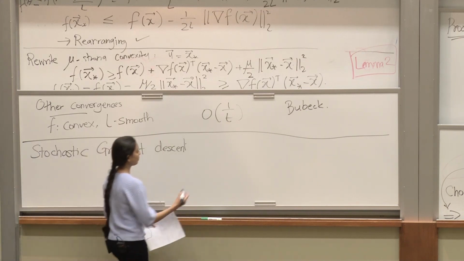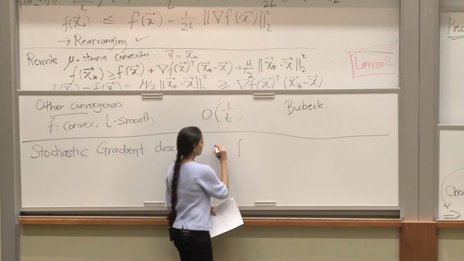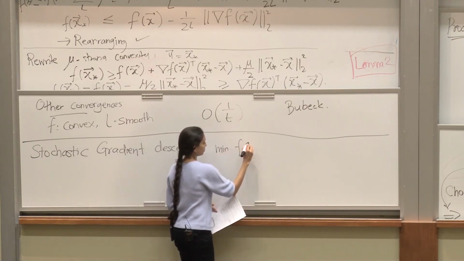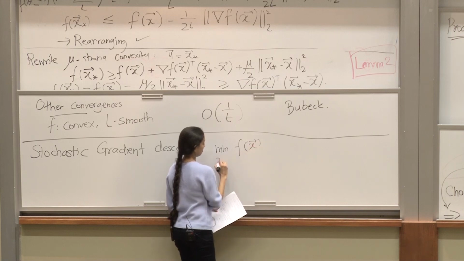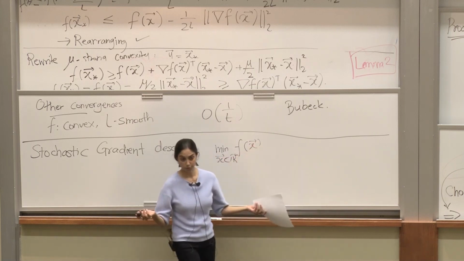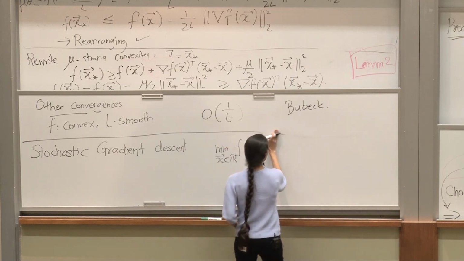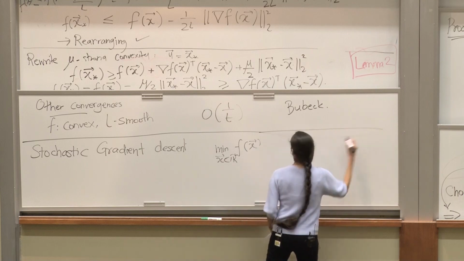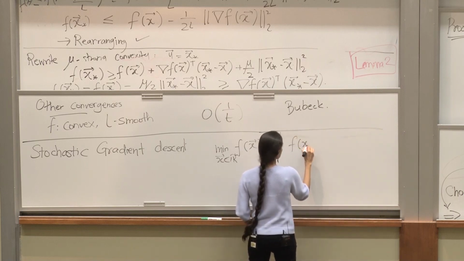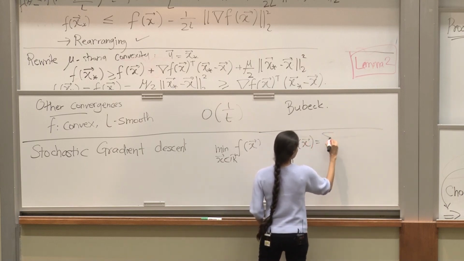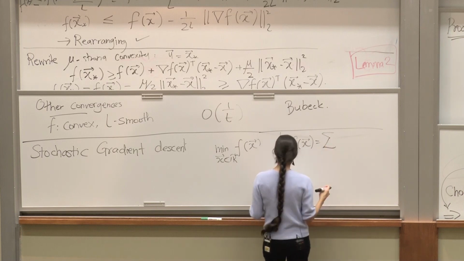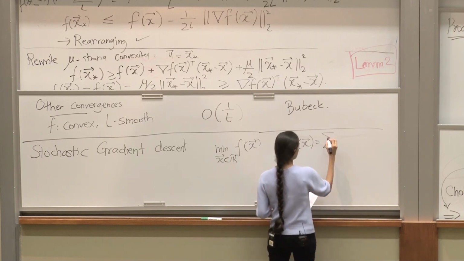For example, if you're trying to minimize some f of x over some x belonging to R^n, quite often, for example in the case of least squares, but in many other machine learning contexts as well, your f of x is of the following form: a sum over i going from 1 to m.